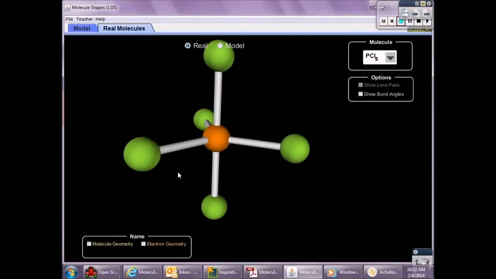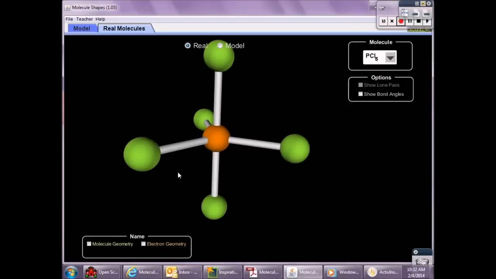What is the shape? This one is not a good one. What shape do you see here? Pyramid. But if we had it right, we would have, right here, a pyramid.